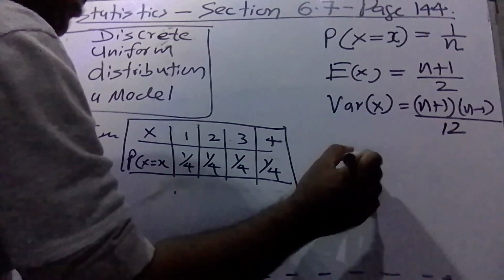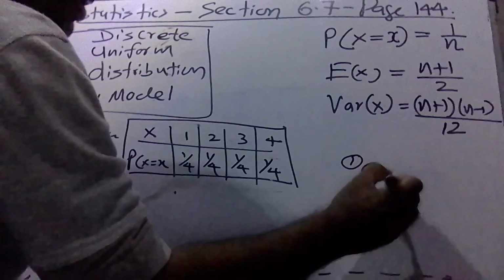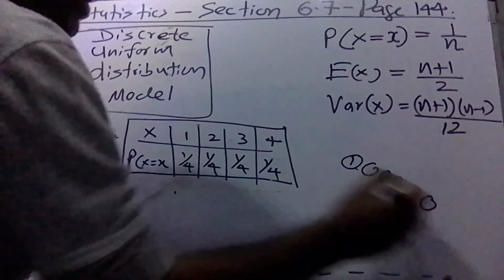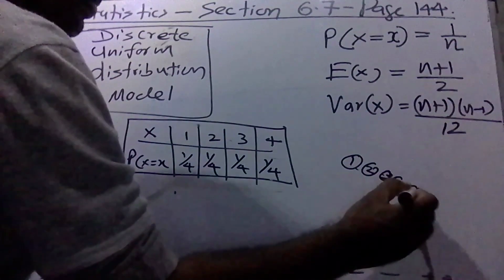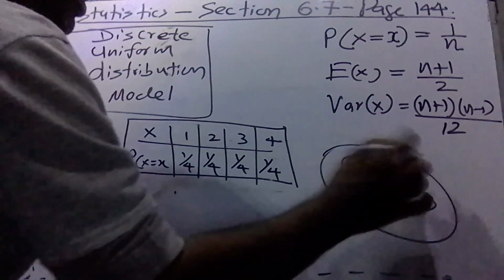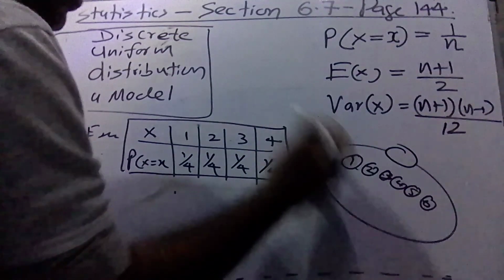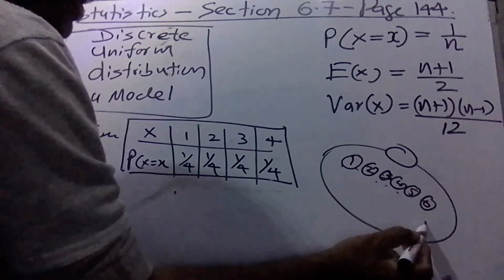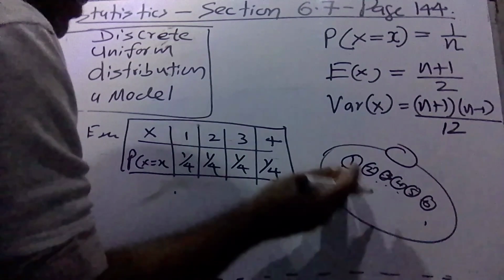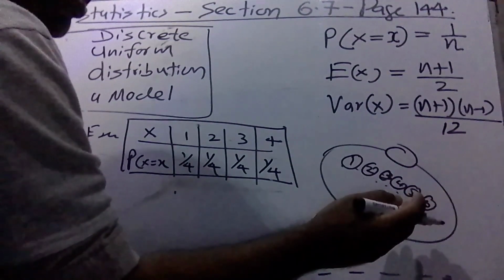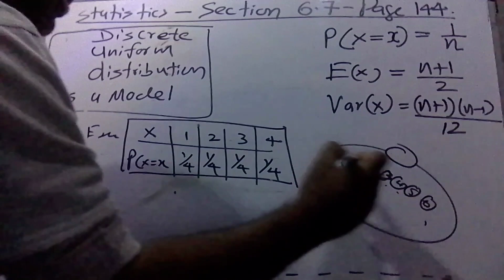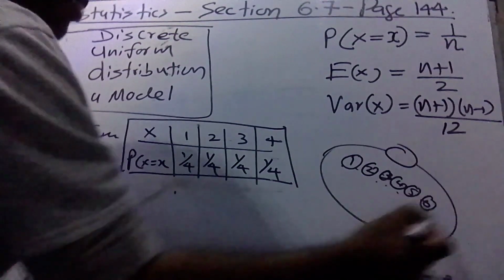For example, now if we have numbers 1 2 3 4 5 6 in a bag, the output will be 1 2 3 4 5 6, and what is the chance of getting each? Since all are equal, it should be 1 over 6. The reason is that all should add up to 1.